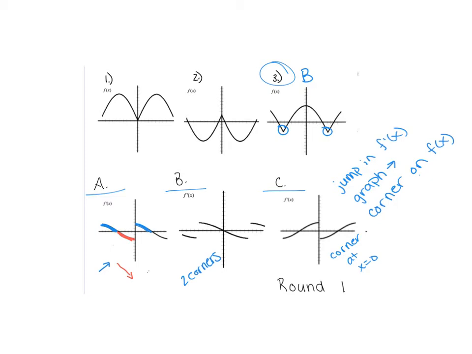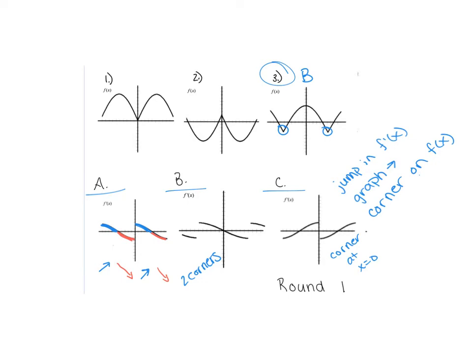We have another increasing section. This section of the graph has negative y values, so that would look like a decreasing section on the original curve. So we need to put these ideas together. We have increasing, decreasing, increasing, decreasing. And we know that we have a corner when x equals 0.